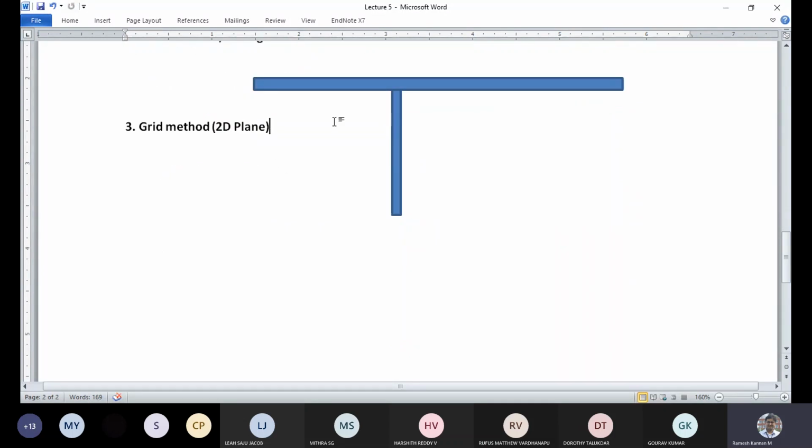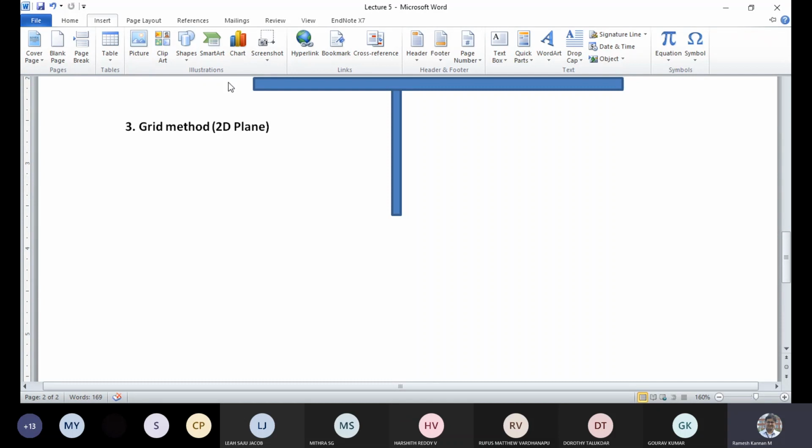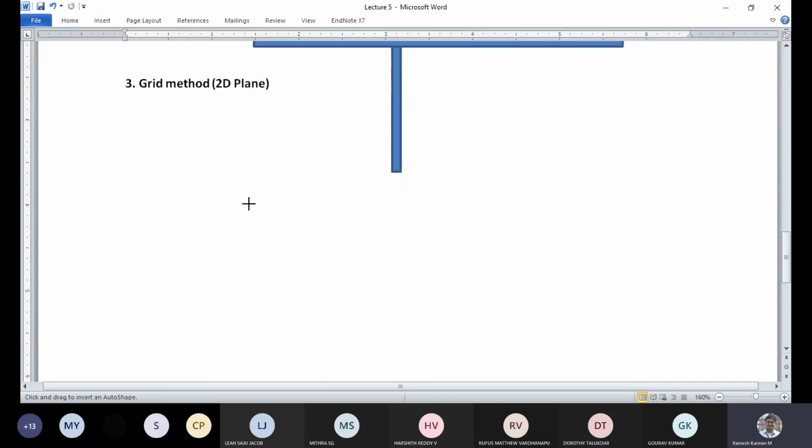In fact, I will probably use it in Autodesk Revit most of the time to create buildings. Okay, I'll show you what that means.